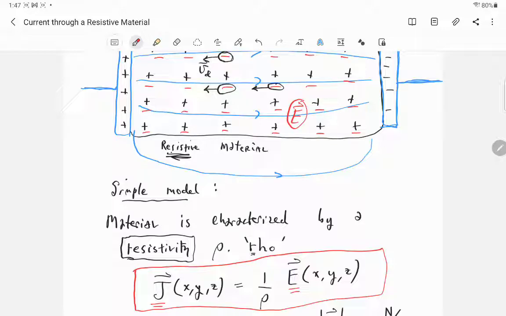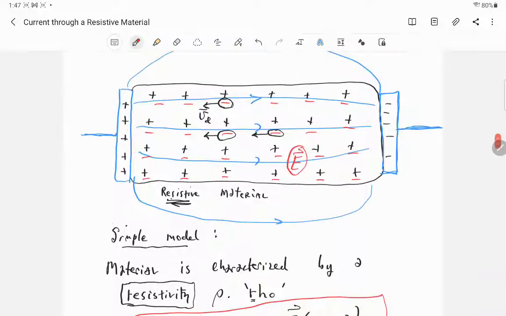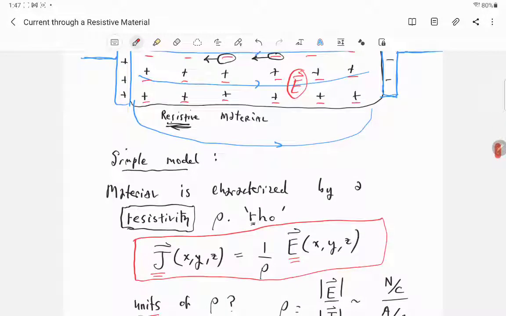It's the electric field set up by, if you look at this, it kind of looks like a capacitor. It's actually not a capacitor in this case. In this case, it's called a resistor. But you've got a high potential and a low potential, and because you have a difference in potential, you're going to have electric field. And the electric field that I'm talking about, it sits right here.